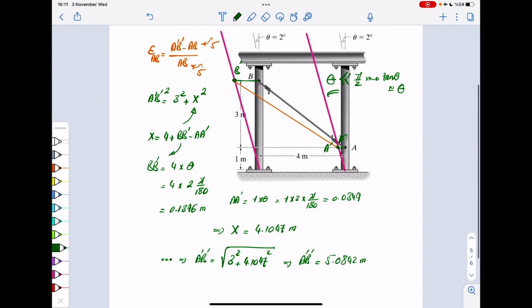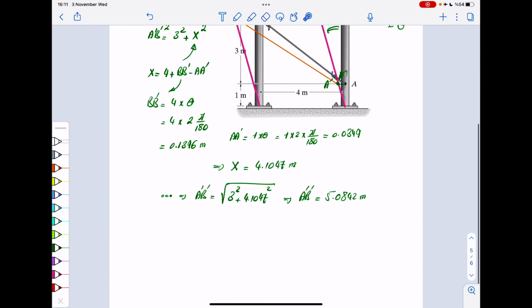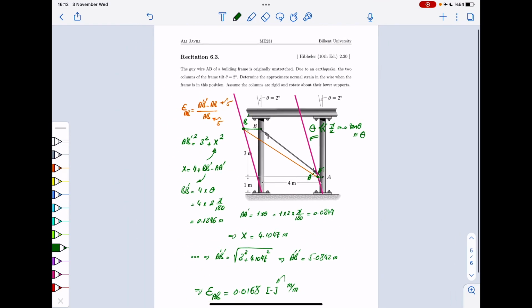Okay? Now you have a prime b prime that we wanted to have. You just subtract 5 from that, you divide it by 5, and you calculate epsilon AB from that, which is 0.0168. And then again, it's dimensionless, or you can think it's meter per meter. Does that make sense?